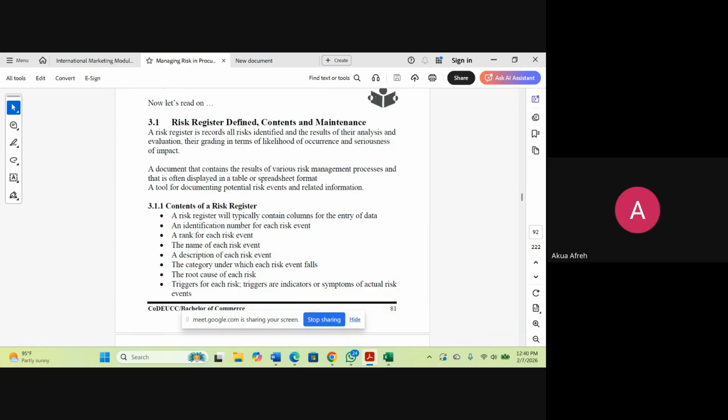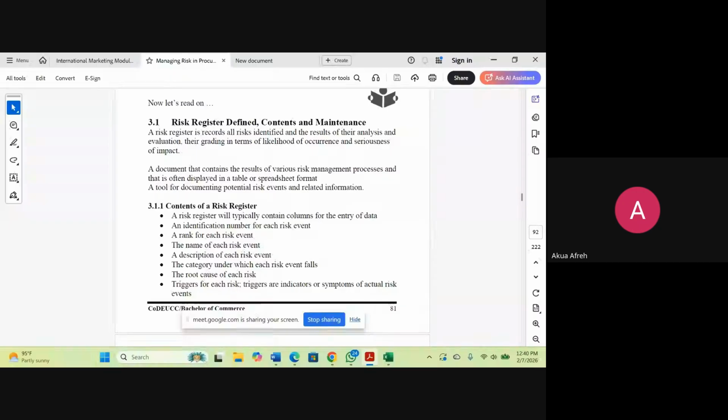The risk register will have columns for the risk that you are going to enter, and an identification number. So if it's theft, theft is 01, fire outbreak is 0111. So they have identification numbers attached to any risk event.